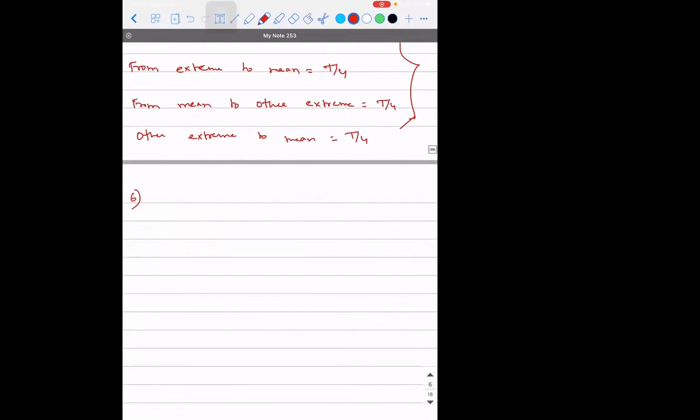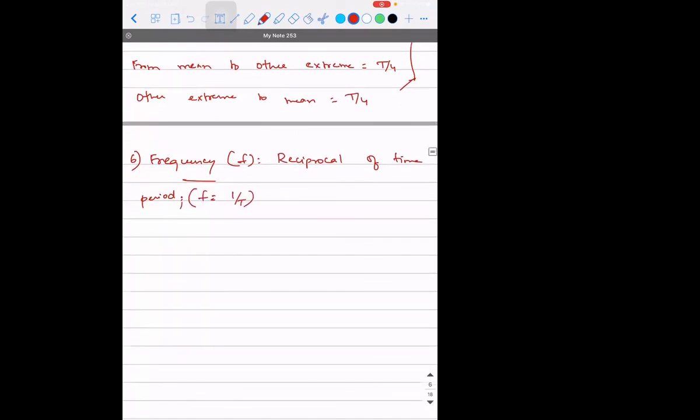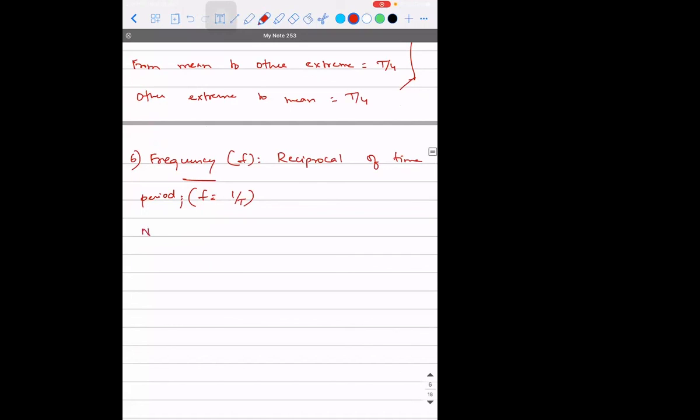If you're clear with time period, the next point is frequency. Frequency is given by the symbol F. It is the reciprocal of time period, so mathematically F is equal to 1 by T. In terms of definition, it is the number of oscillations per unit time.